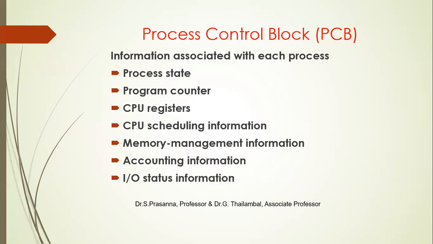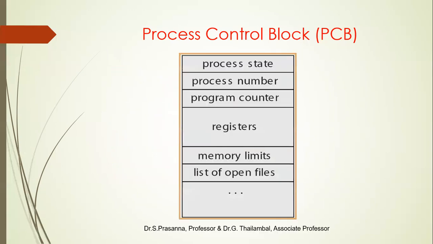So the process control block will be created for each and every process. The process control block contains process state, program counter, registers, memory limits, list of open files, and all other things representing a particular process which is running.